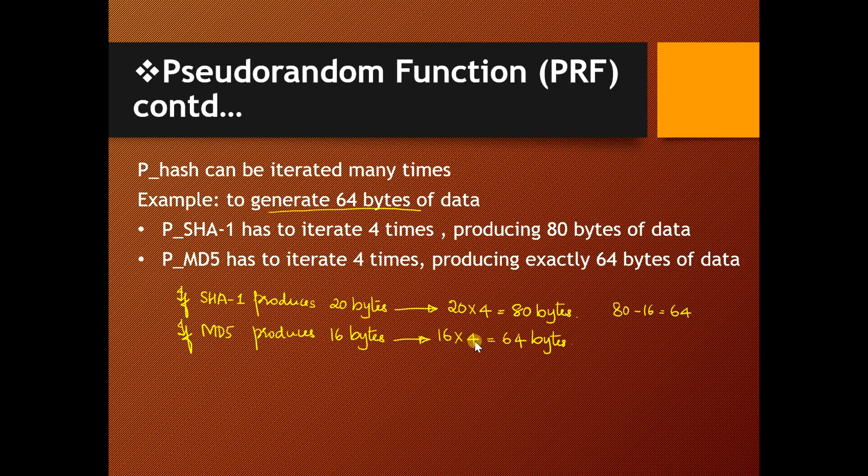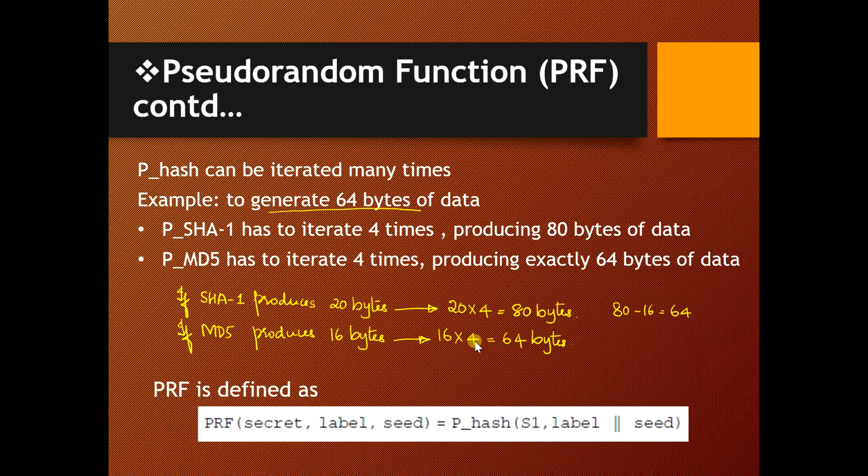So in order to make the PRF, the pseudo random function, as secure as possible, it will have to use 2 hash algorithms in a way that should guarantee its security if either of the algorithms remains secure.